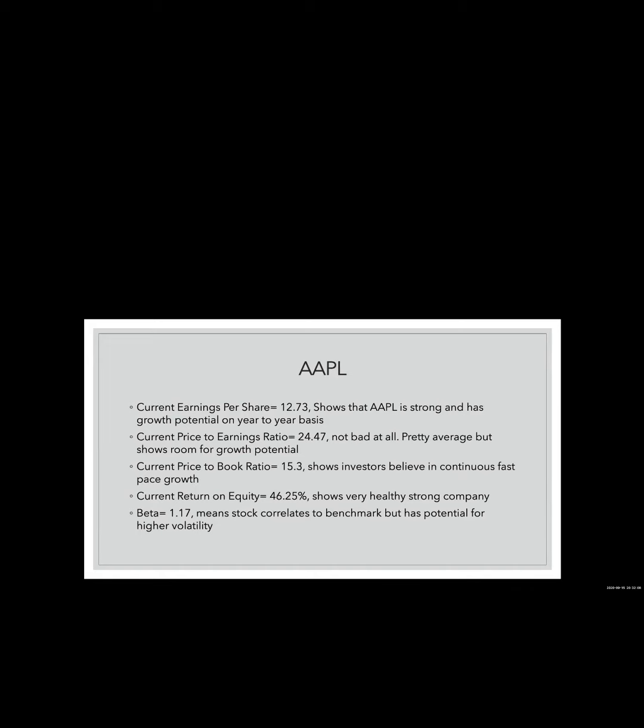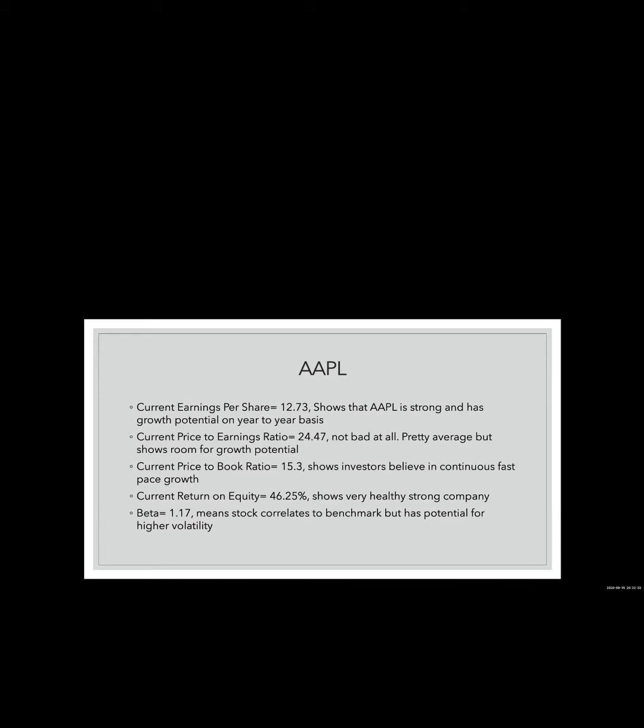Current price to earnings ratio is 24.47. Not bad at all. Remember, I said the normal range is between 10 and 25. It is on the upper end of that. But remember, like I said, it's normal for a company that has a lot of potential growth or future growth expectations to be on that upper end or even past it.